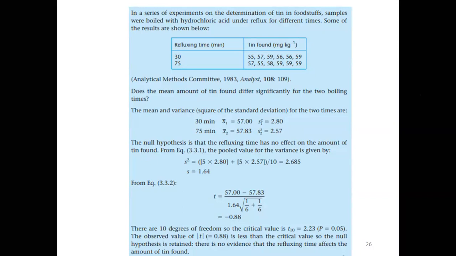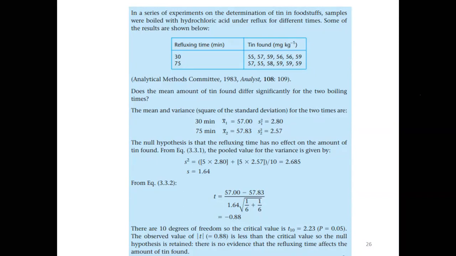If I have a question, if the t value is less than the calculated value, according to the confidence level 99, still we have to do the same thing. Always we are comparing the critical value with the calculated value.